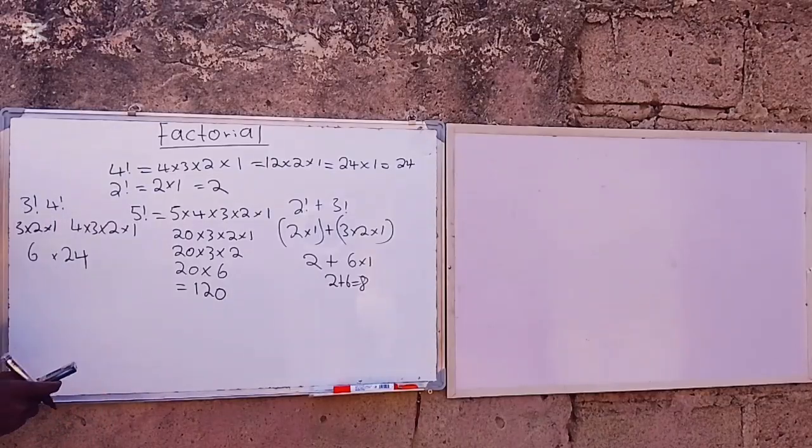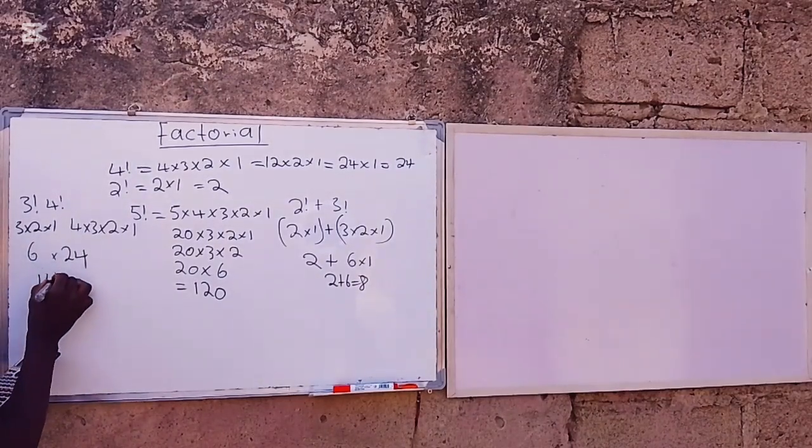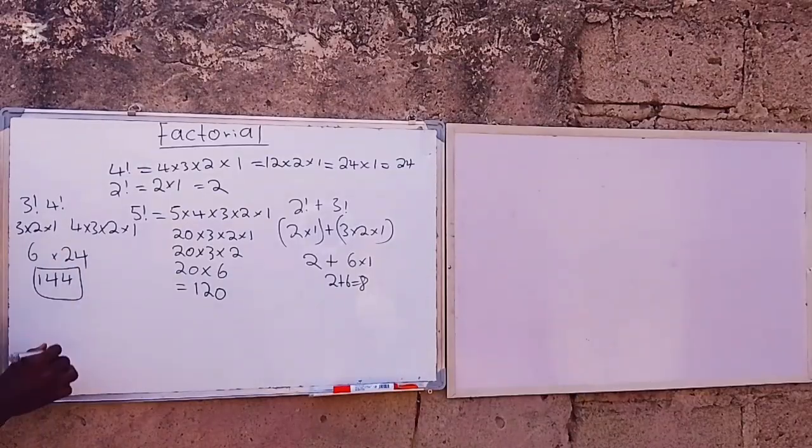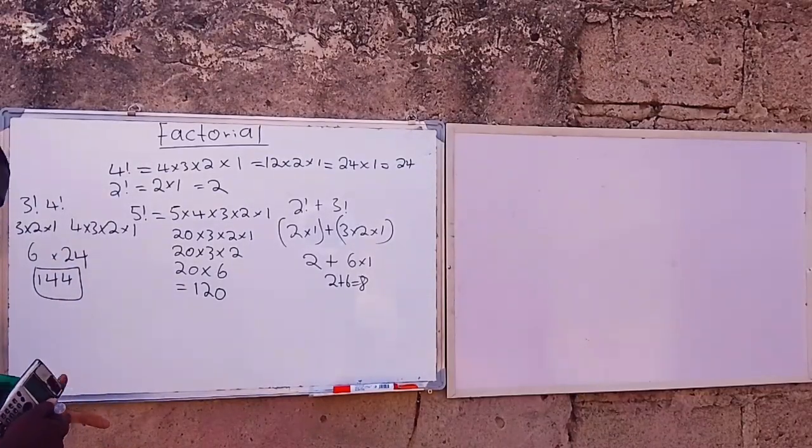Because this is multiplication, the next thing I have to say is 6 multiplied by 24. So this should now give me 144.